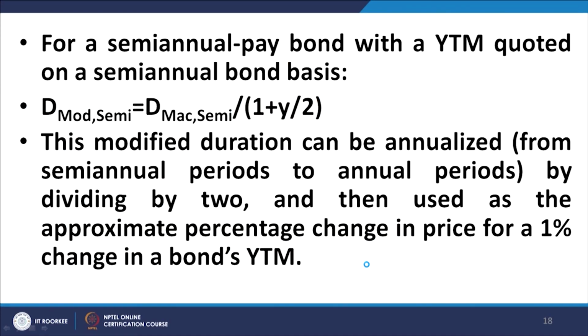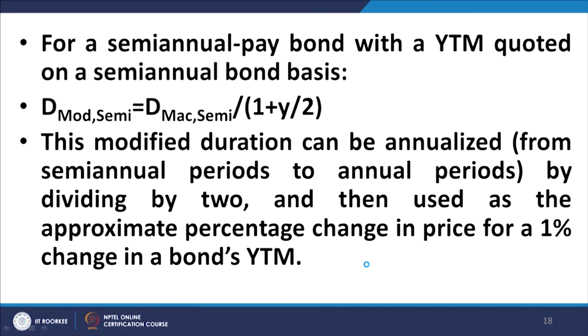Now, for semi-annual bonds, what is the relationship? For a semi-annual pay bond with a YTM quoted on a semi-annual bond basis, D_modified semi-annual is equal to D_mac semi-annual divided by 1 plus y upon 2.